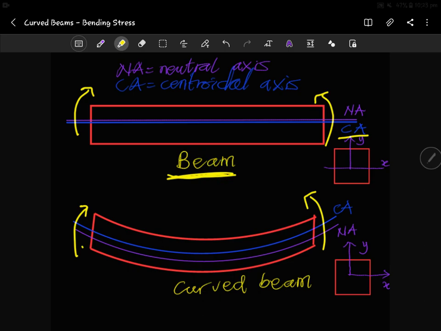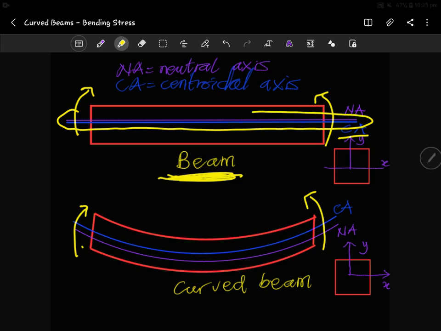For a straight beam, one thing that's very common is that the neutral axis and the centroidal axis are the same, but in this case I just wanted us to see the difference, so I separated them a bit. In a prismatic, straight beam, we assume that they are the same and they are in the same line. That's it for them.